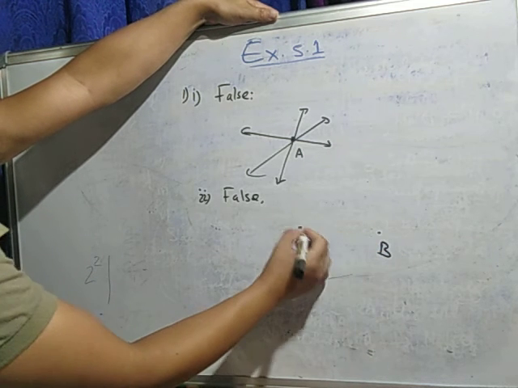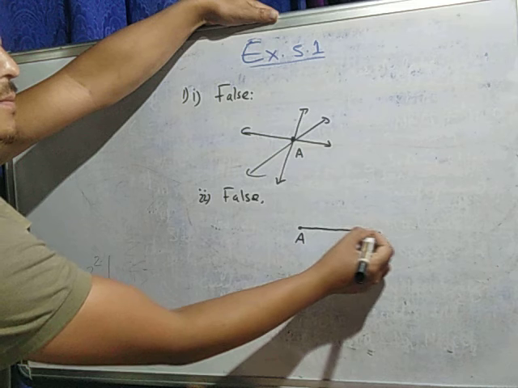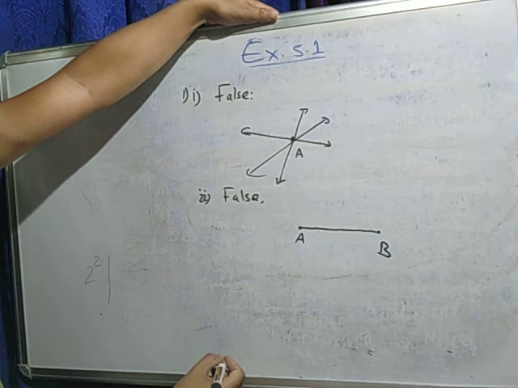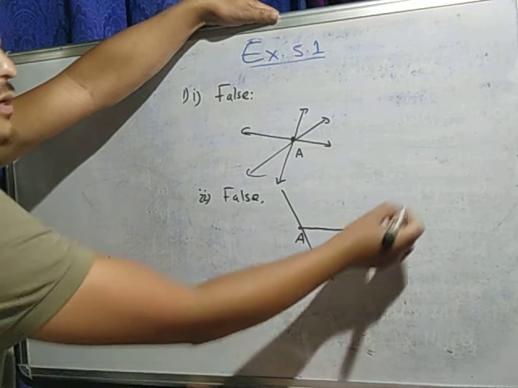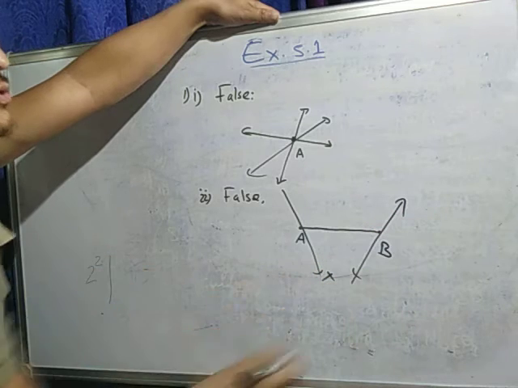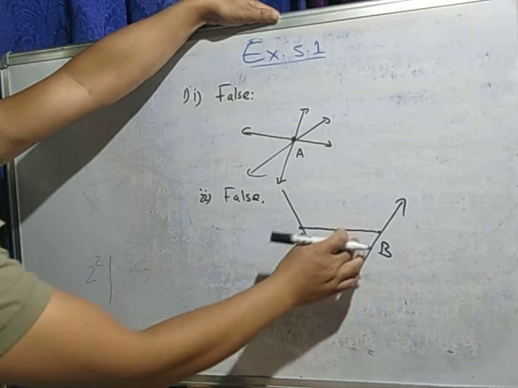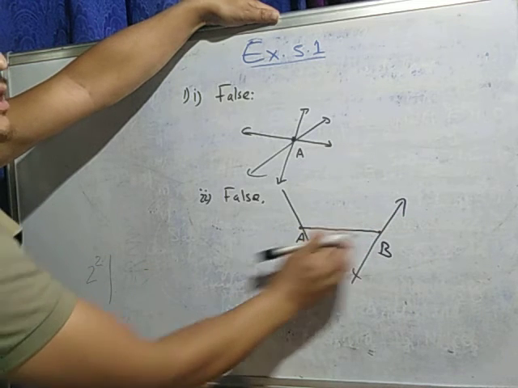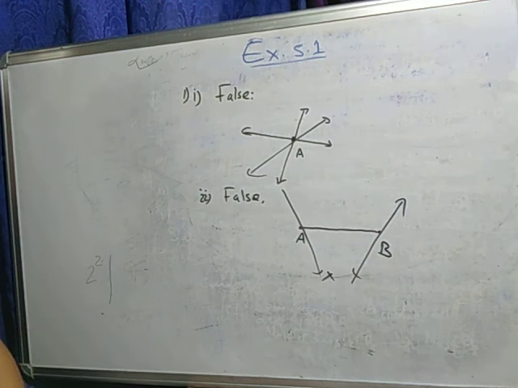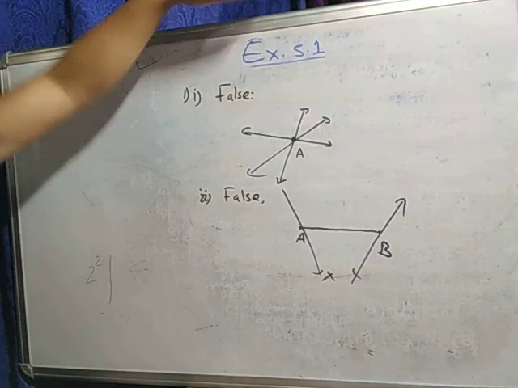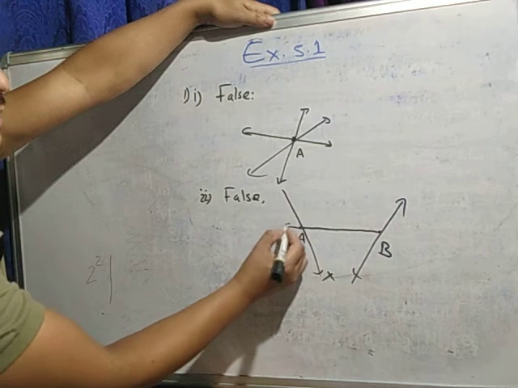Through these points only one line can pass. Can this line pass through these two points? No. So if there are two distinct points, only one line can pass. In the explanation, write down: two distinct points, only one straight line passes.